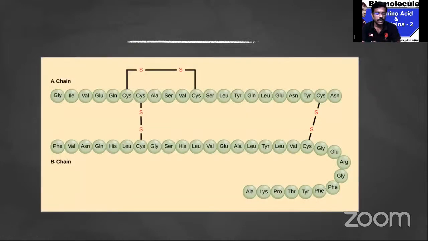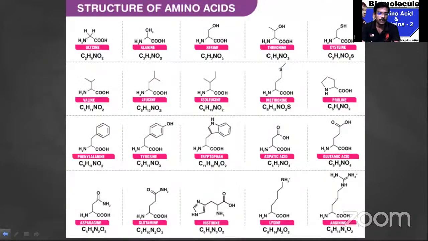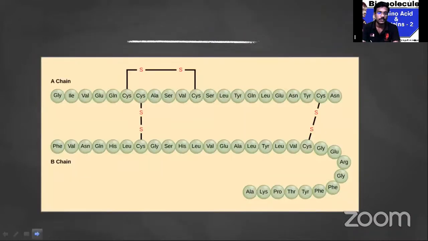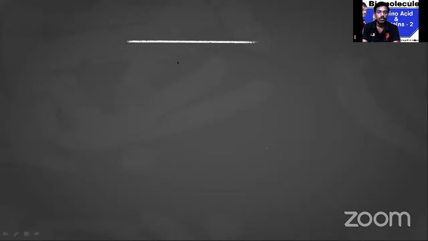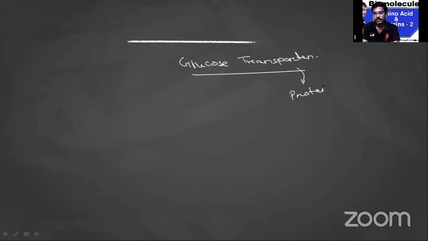Okay, and sometimes it acts as a glucose transporter. What is a glucose transporter? Let me clear that for you. Glucose transporter, this is also a protein. From the name we can tell that if this is the cell, and outside the cell there is some glucose, then that glucose has to enter inside the cell.